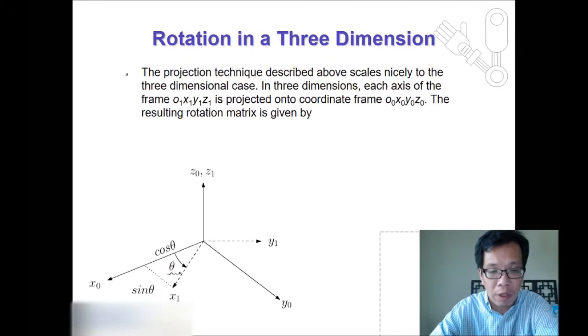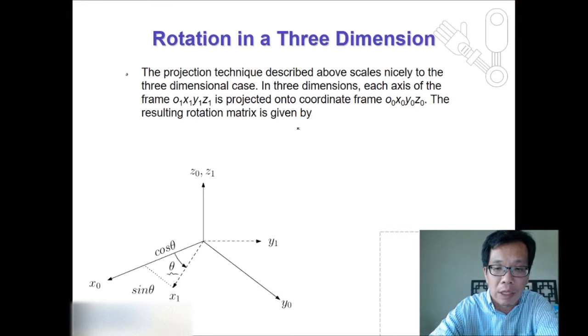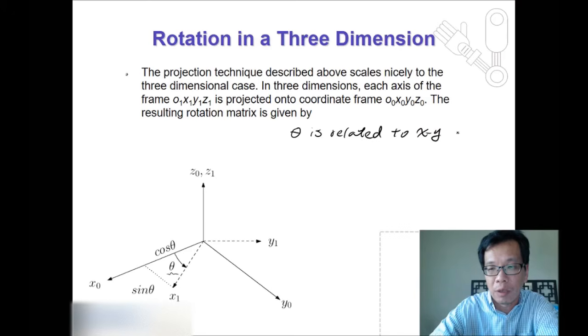Now, if we are trying to find out the three-dimensional representation of this transformation, what are we going to do? Over here, it is clear that the theta is related to the xy plane.